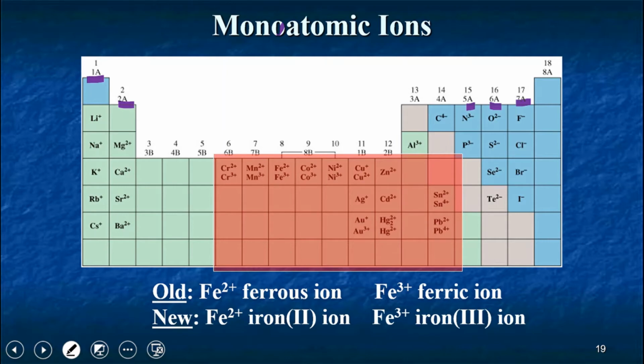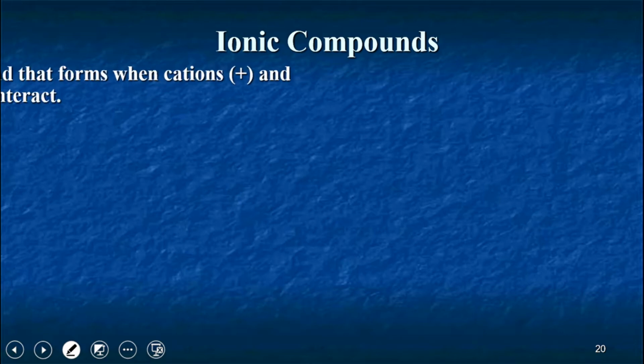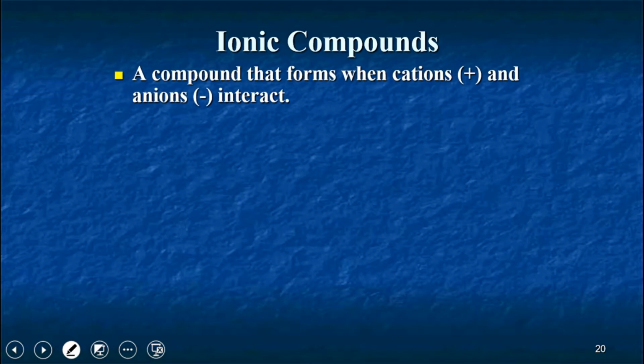So positive with negative, okay? Don't forget, equal charges repel, opposite charges attract each other. And that is how ionic compounds are formed. It's a compound that is formed when cations with positive charges and anions with negative charges interact. Many of these compounds are sometimes also called salts.